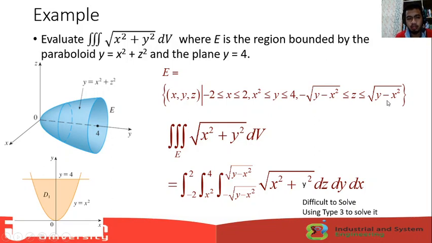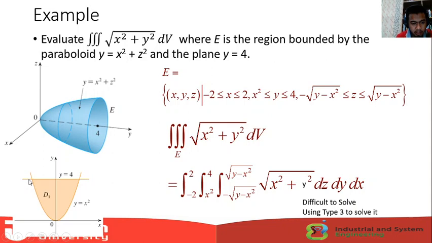And for y, it should be bounded by this parabola, so y goes from the curve y equals x square until 4.